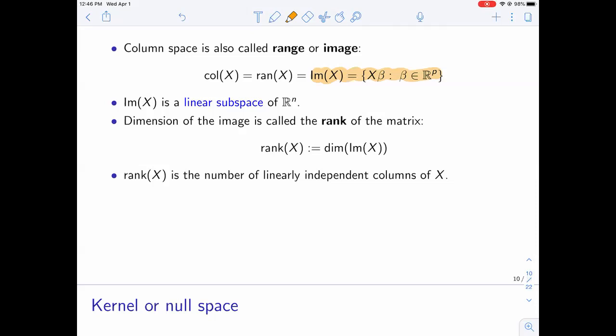So the statement that I have here is ambiguous, because you can form many subsets of the columns that are linearly independent. The key is that you find a subset that's linearly independent and also spans the column space.